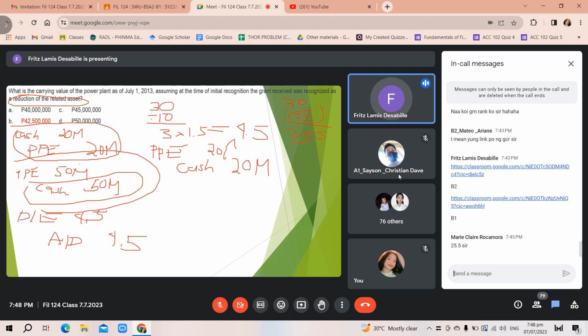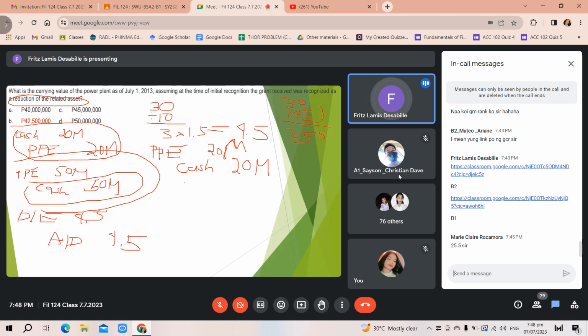Now, another thing in the standard, or what I mentioned as letter C, is that we have to record additional depreciation that would have been recorded had we not deducted the grant from the cost of the asset.